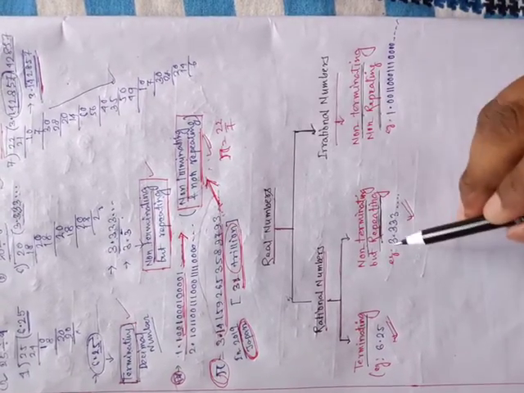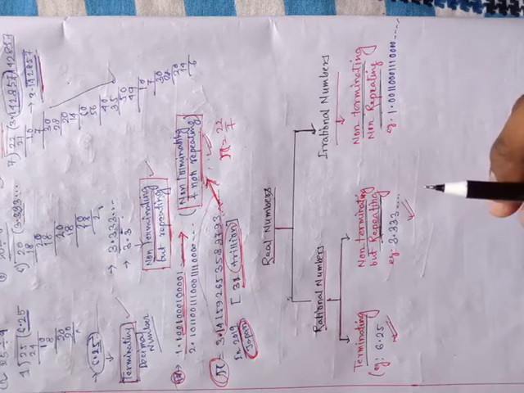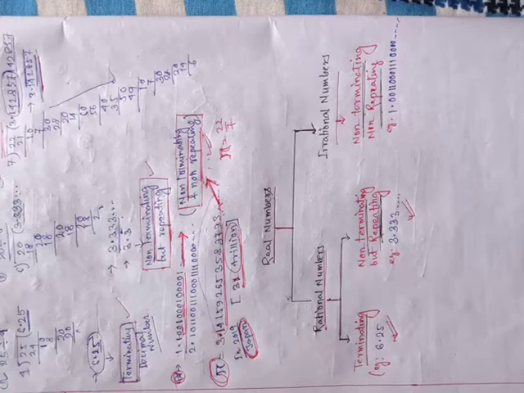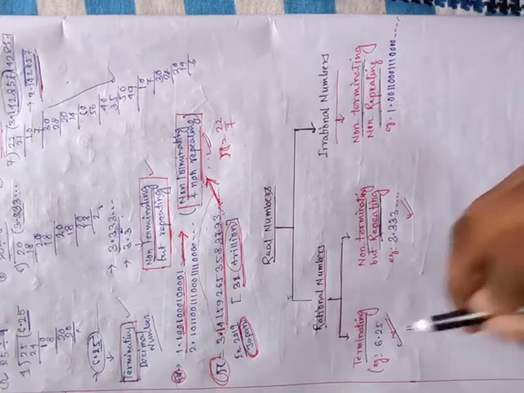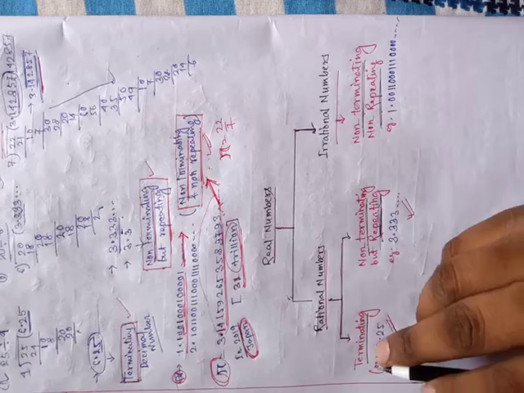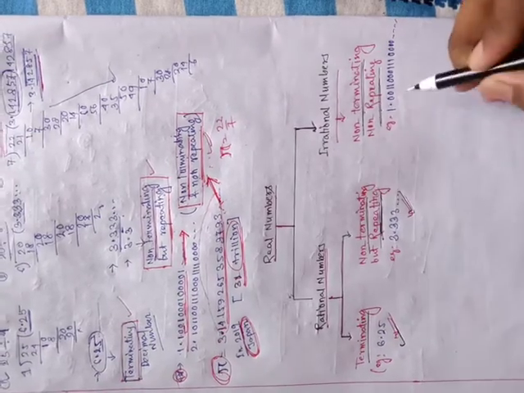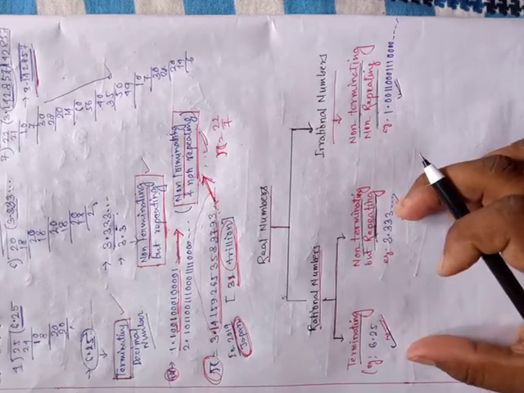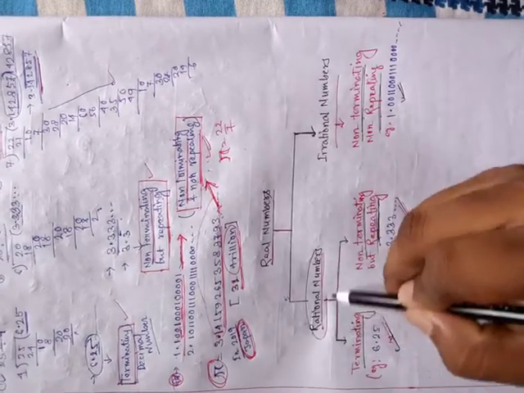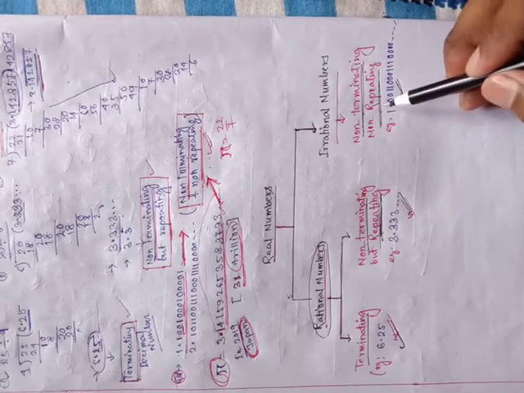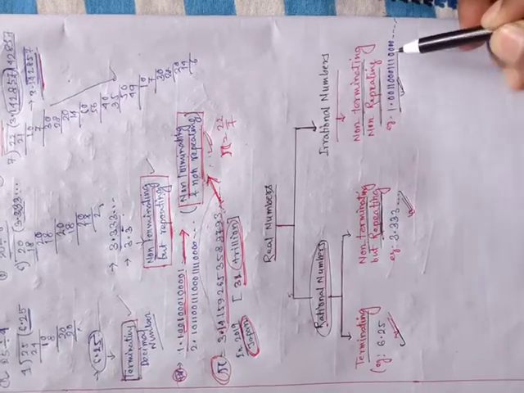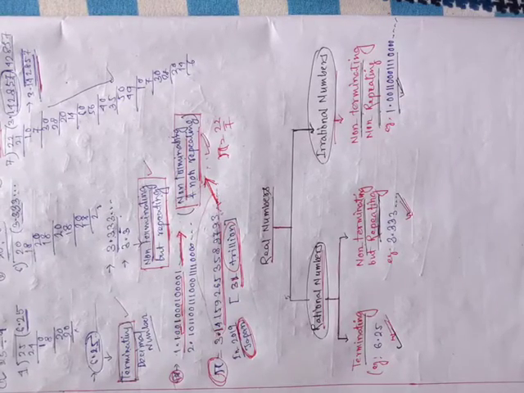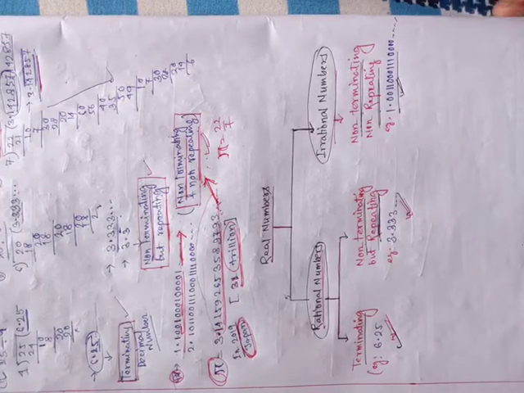Mind it. If you take any number and find its decimal representation, it comes in one of these forms. If either of these two types of representation comes, then you can say the number is rational, and if the non-terminating, non-repeating representation comes, then you can say it is an irrational number. Understood? All of you understood this?